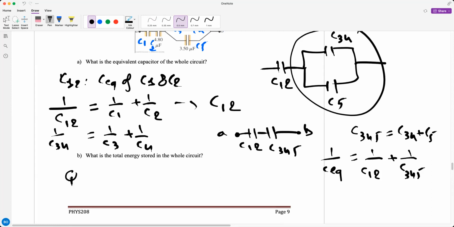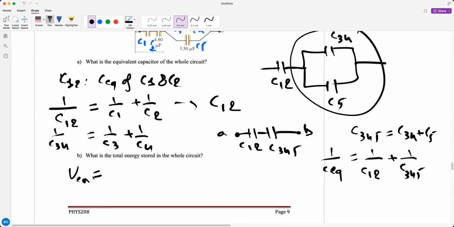What is the total energy? Now the total energy, how do I do the total energy stored in the circuit? How can I calculate the total energy stored in the circuit?